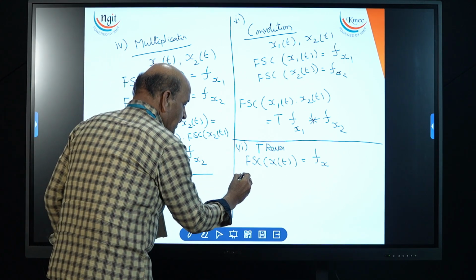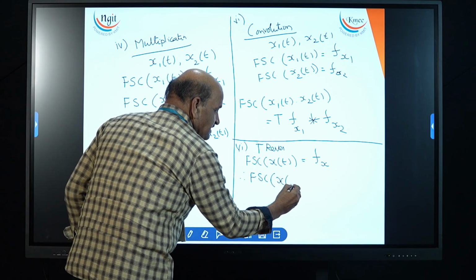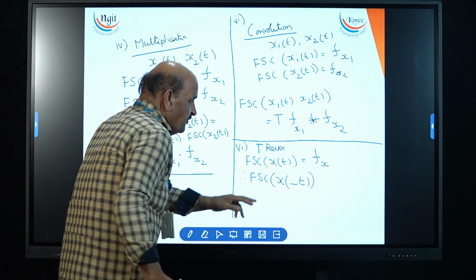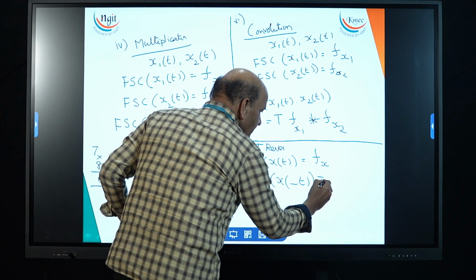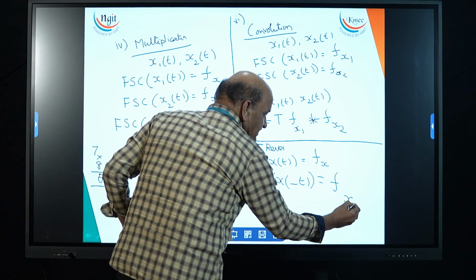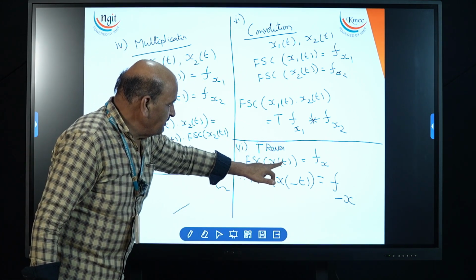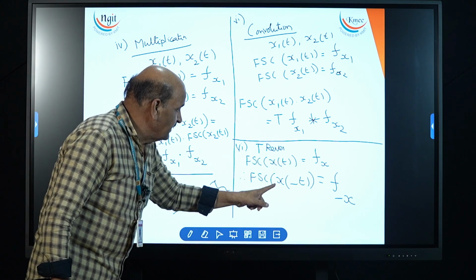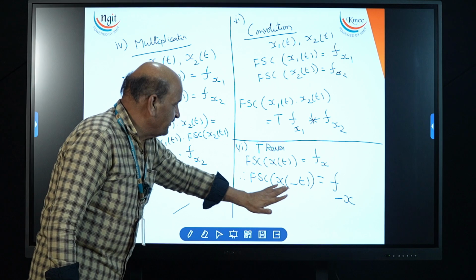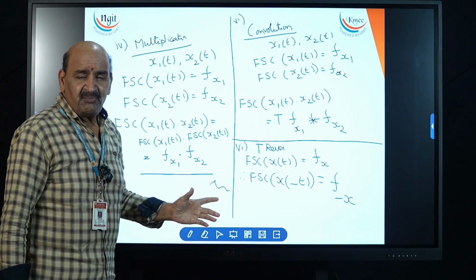Now the Fourier series coefficient of x of minus t is equal to f of x as it is, but here you keep minus. This is the Fourier series coefficient of the time reversal property.